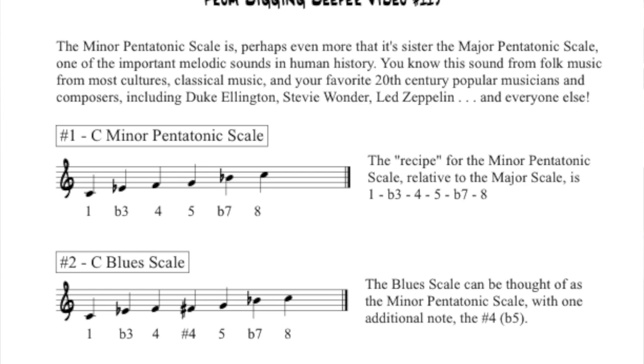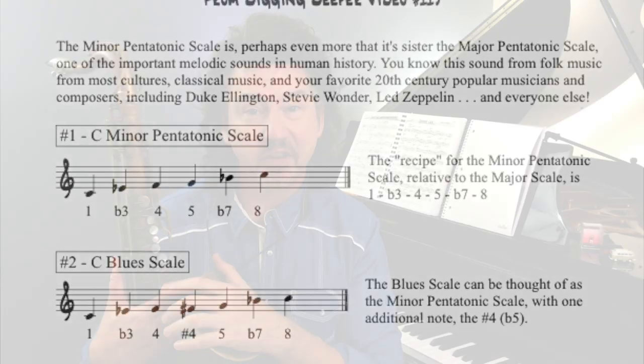And here's item number 2, the blues scale. It's the same notes with one additional note, a sharp 4 or a flat 5, if you like to think of it that way. So these are very closely related scales, but they really have their own flavor.